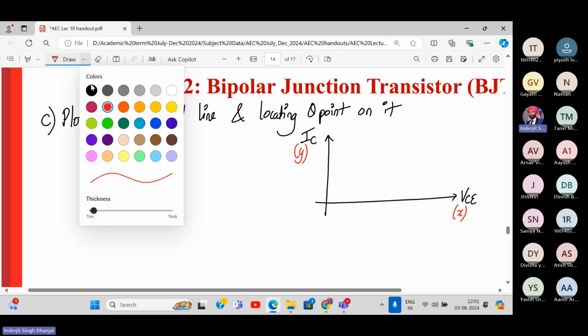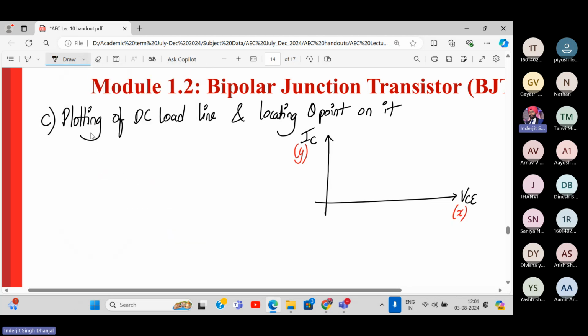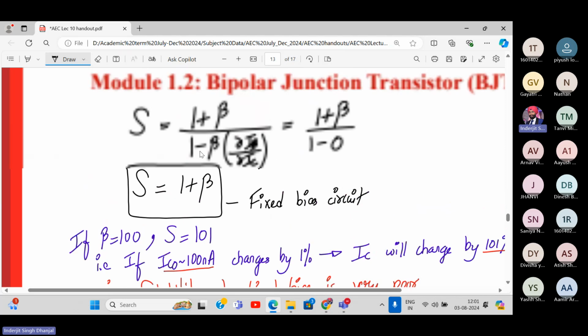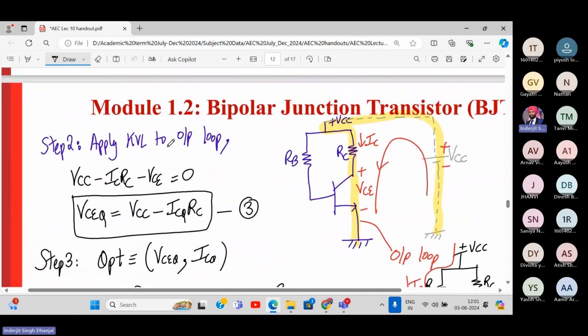So load line: first we'll write the load line equation. The load line equation is nothing but KVL to the output loop. We already have the expression, right? What was the expression? Here it is. KVL to the output loop gives me VCC minus ICRC minus VCE equal to 0.